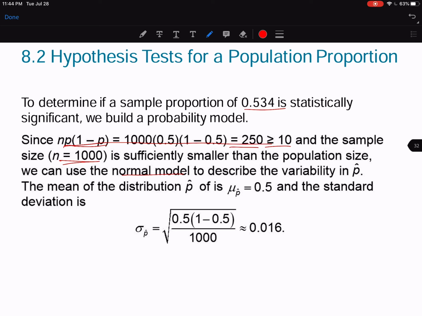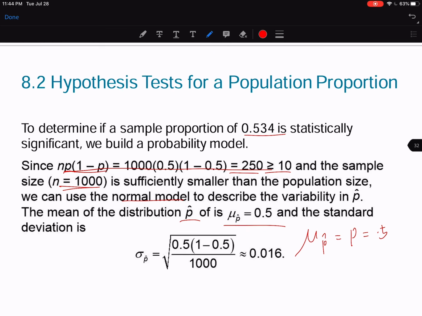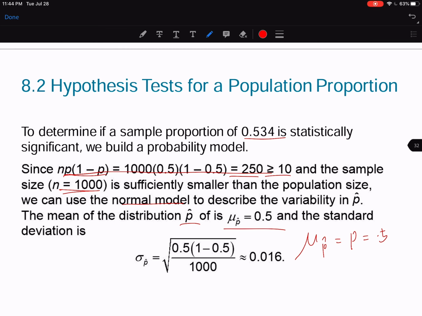And of course, we know that the mean of p hat, mu sub p hat, is equal to the population proportion, which is 0.5, as mentioned in the example, because we want to say whether the real population proportion is greater than 0.5, less than 0.5, or equal to 0.5.